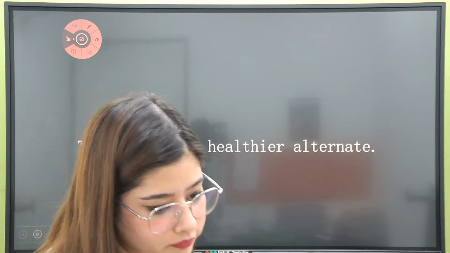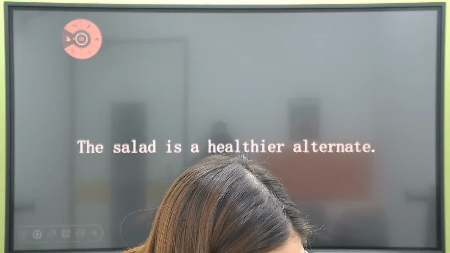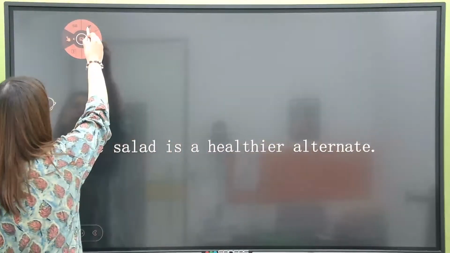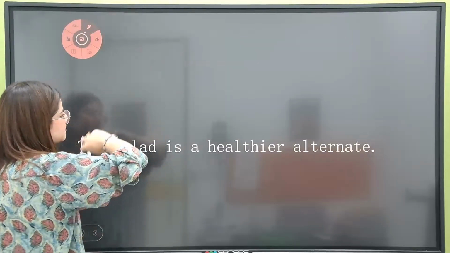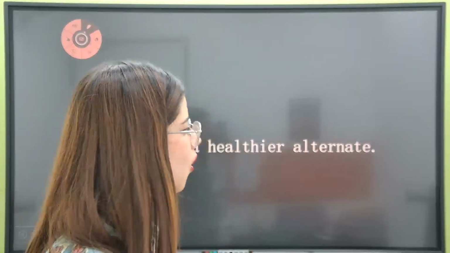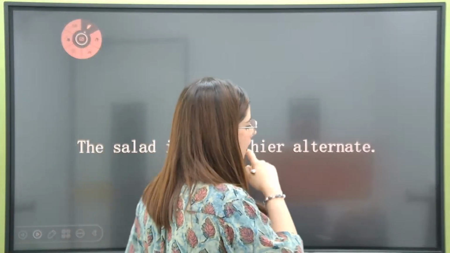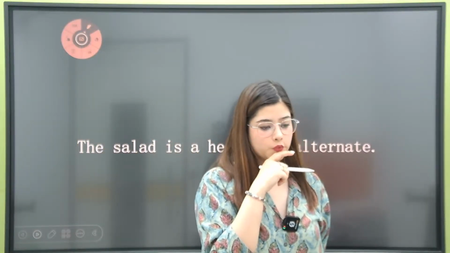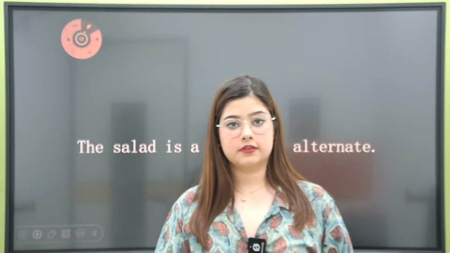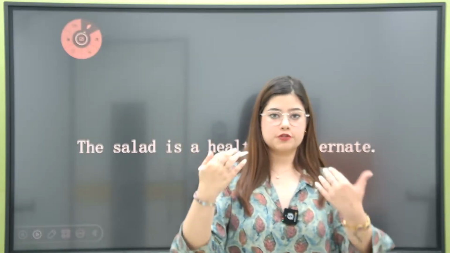Yes. Again, the difference between alternate and alternative. Alternate is used when you need to represent something that is regularly occurring after the other. Alternate turns, right? So first my turn will come and then your turn will come.